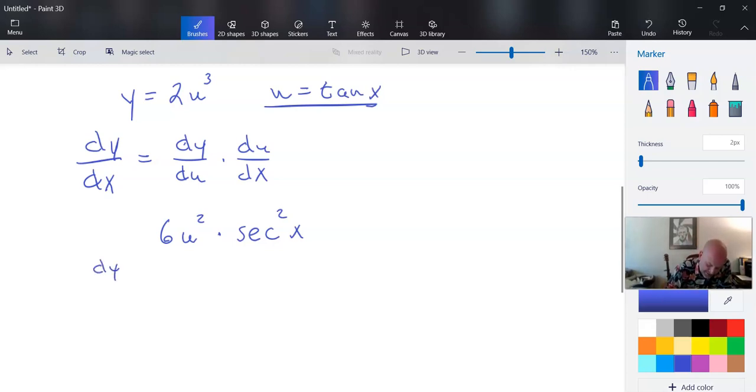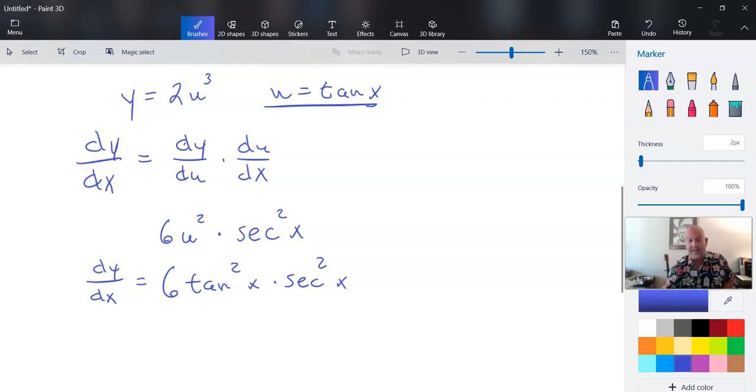And so dy dx is now equal to 6 times tangent squared x times secant squared x. And we have our derivative now. Good, clean fun. So hopefully you got that.